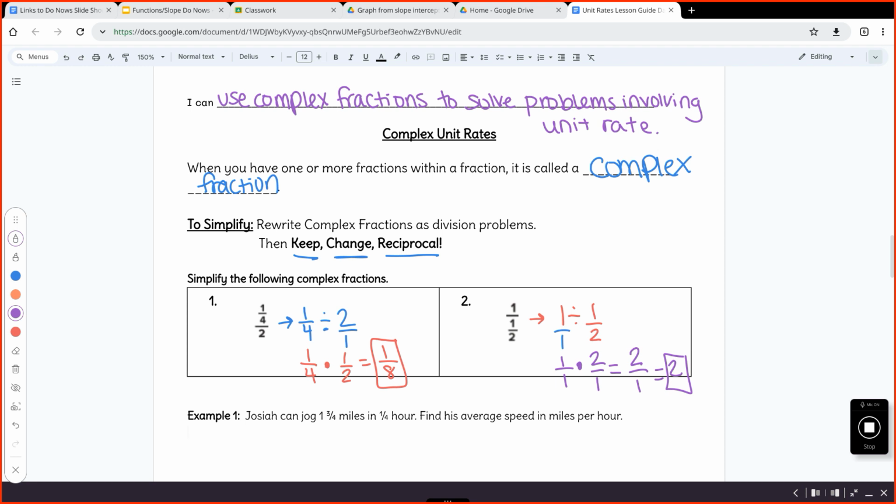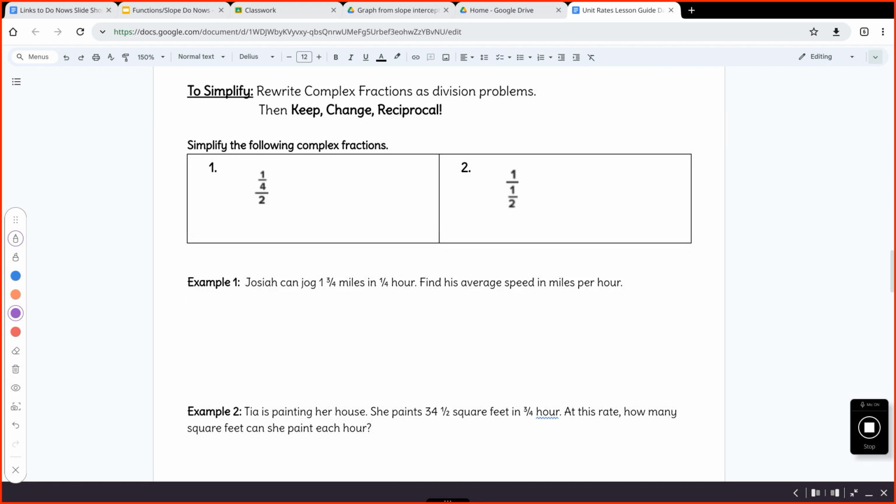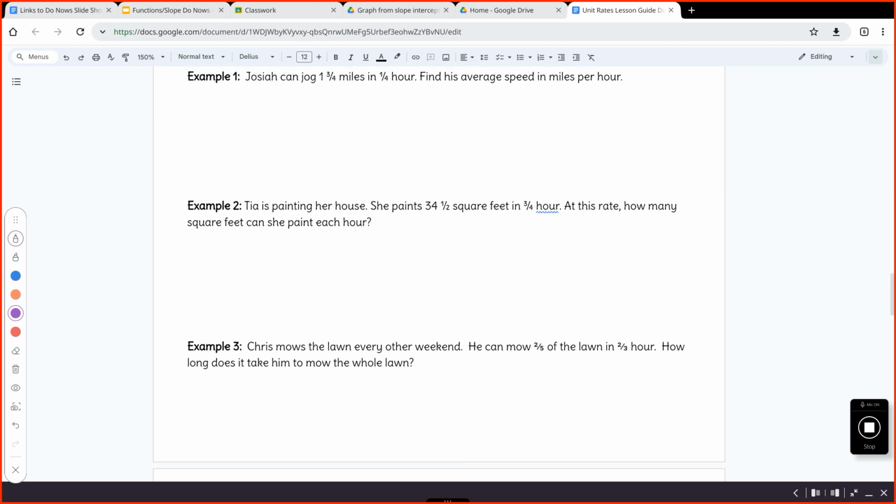All right, let's look at some word problems here. Josiah can jog 1 3/4 miles in 1/4 hour. Find his average speed in miles per hour. The biggest question I get here is, how do you know what number goes where? The first thing I want you to do before you start these problems is figure out what your rate is. A rate has 2 different units.